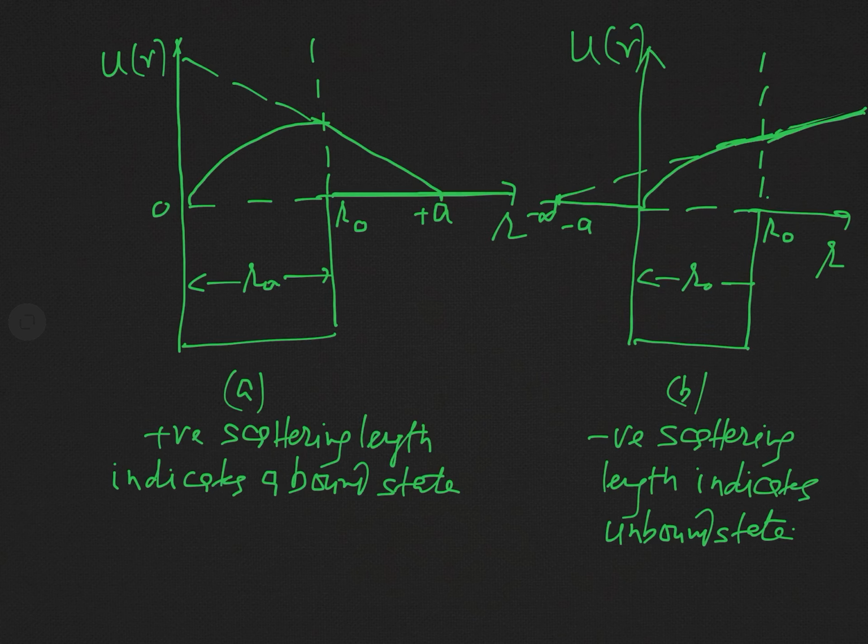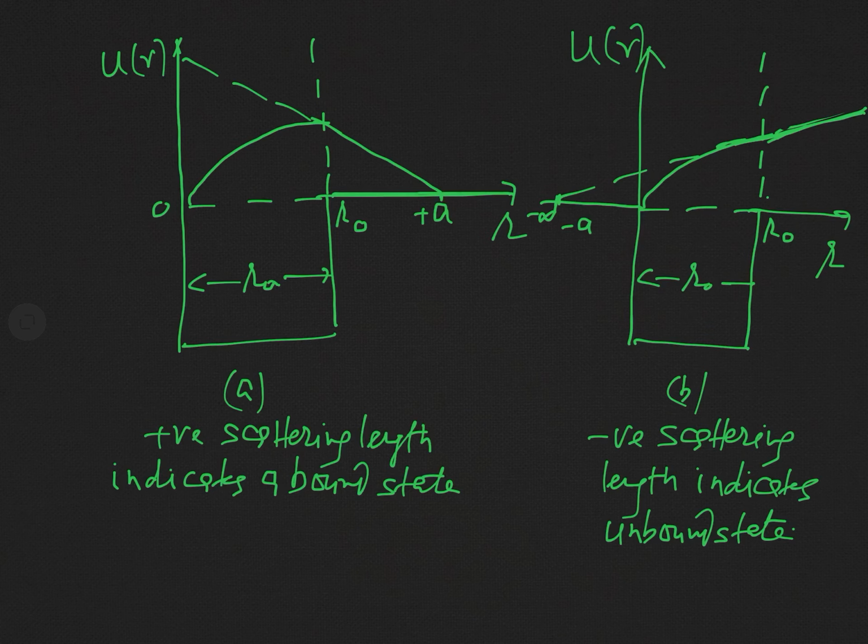As you can see here, the wave function is increasing, and if the system is unbound, then the solution in the region r greater than r naught will be such that after extrapolation of U of r, it will produce a negative intercept on the r axis, and so the scattering length will be negative.